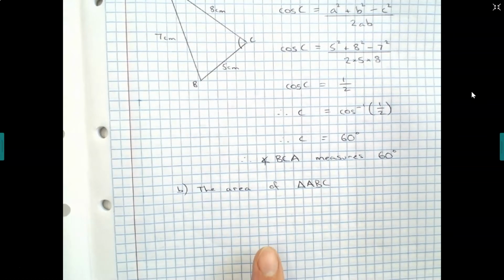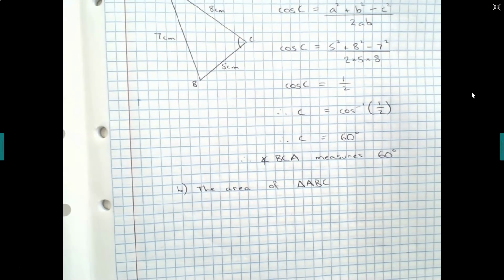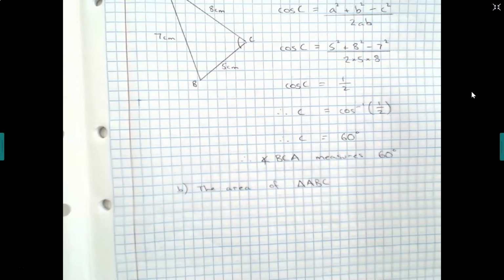Now we're asked to find the area of triangle ABC, and again we're going to be applying what we learnt in our last lesson to find the area.